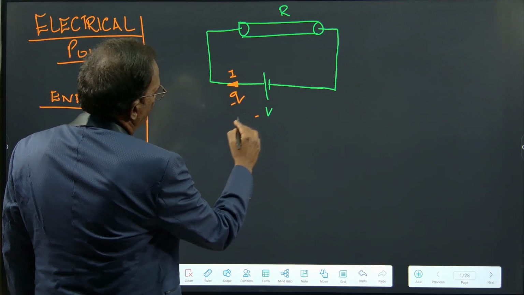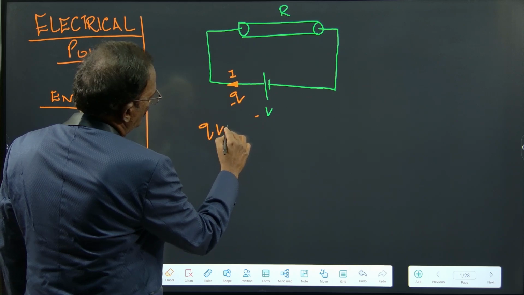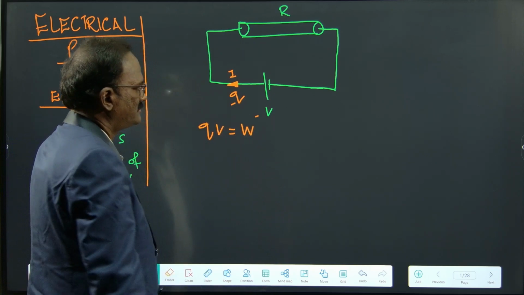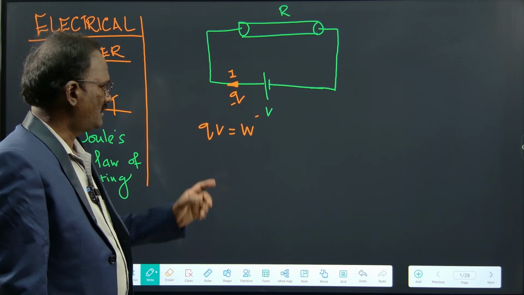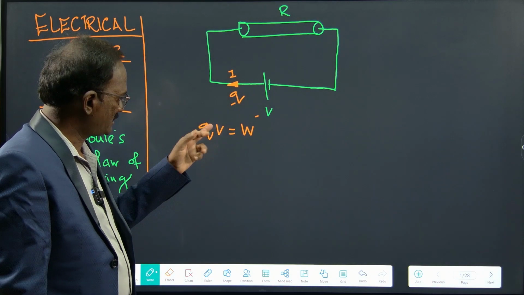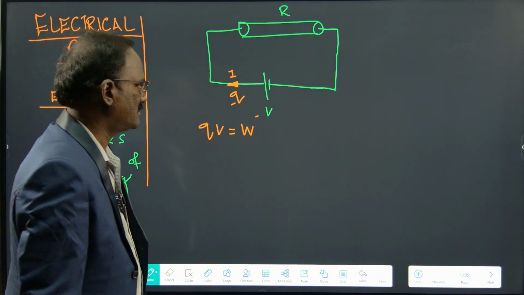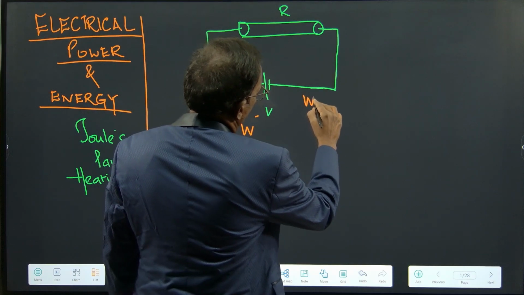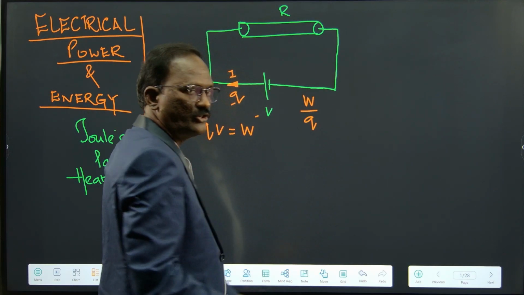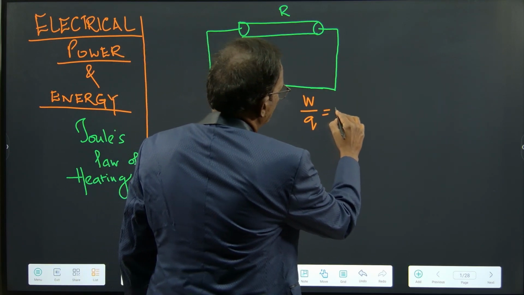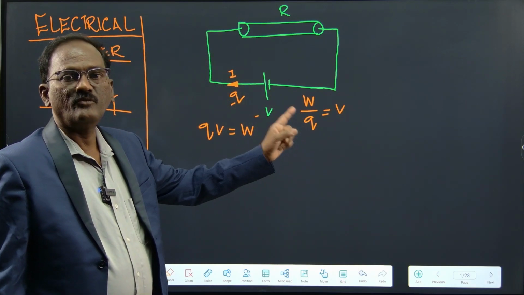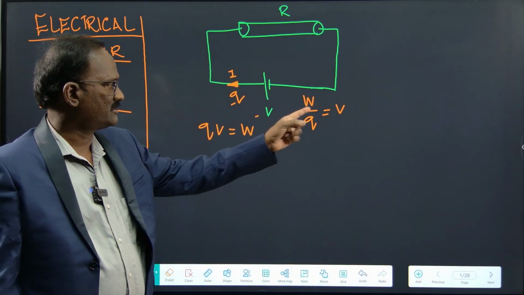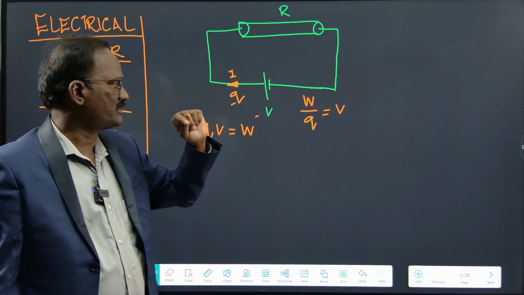This Q and V, this product, is called work done. Under the heading electric potential, we have established this relation: work done in moving one unit positive charge is known as electric potential, 1 volt.